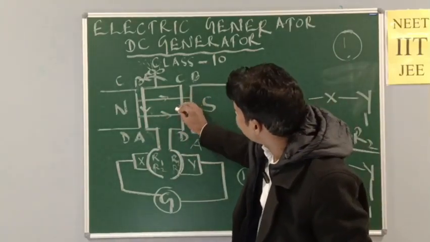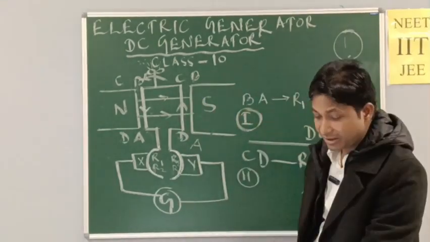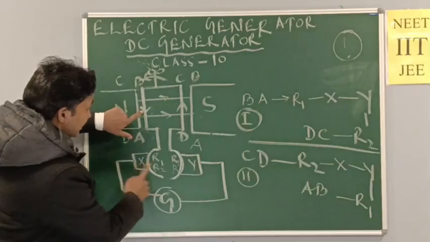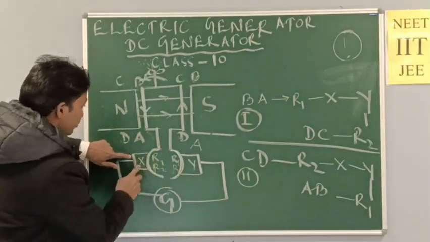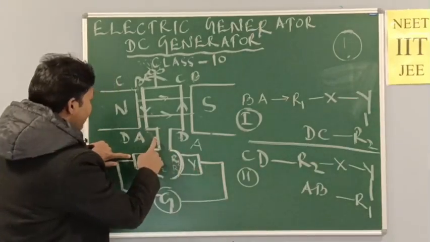Then the current passes through R2, R1, here X, here Y.